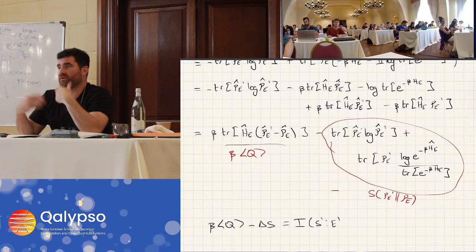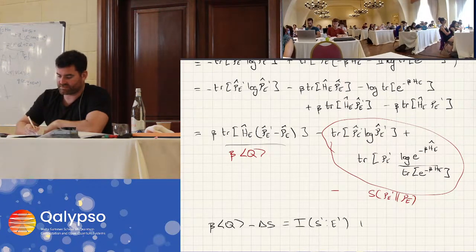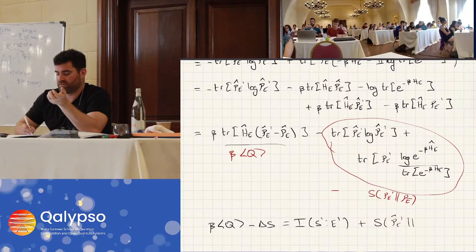So after you do your switch on and switch off of the unitary, plus the relative entropy between the environment state at time tau and the initial time. Okay? So let's take a quick look at this thing.